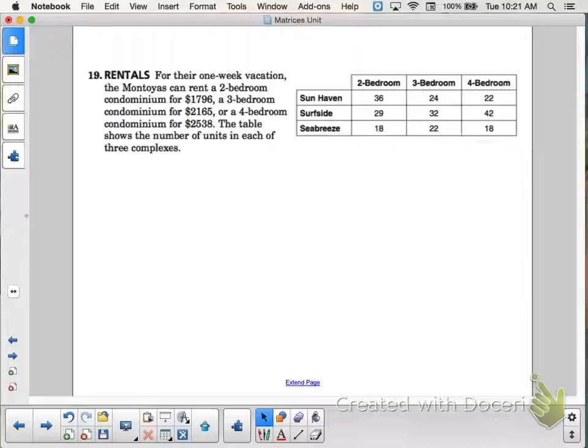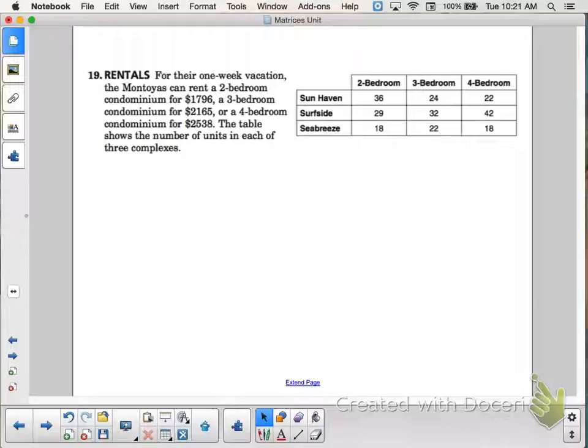This table right here, these rows are different complex names. So we have Sunhaven, Surfside, and Seabreeze. And then the columns tell us how many of each type of room they have. So at Sunhaven, I have 36 2-bedroom complexes, 24 3-bedroom, and 22 4-bedroom. So I want you guys to go ahead and make a matrix of the information in this table.